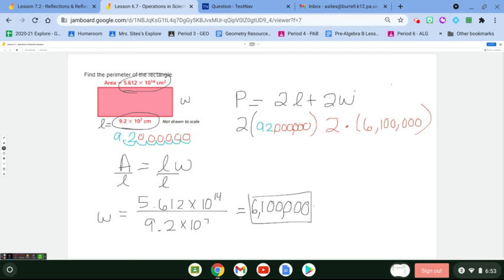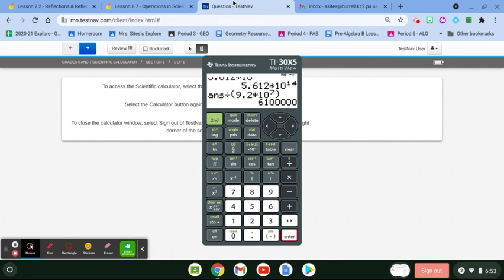Okay, so I'm going to do that on my calculator and see what that answer is. Now, it doesn't say to write my answer if we're not in scientific notation, but I'm going to because I see the other parts already are. So right now I'm going to do 2 times 9.2, and then 1, 2, 3, 4, 5, 6. Okay, so that's the result when I do 2 times my length.